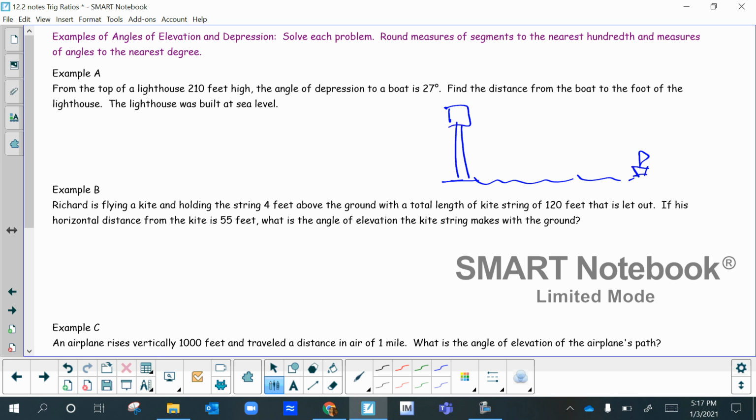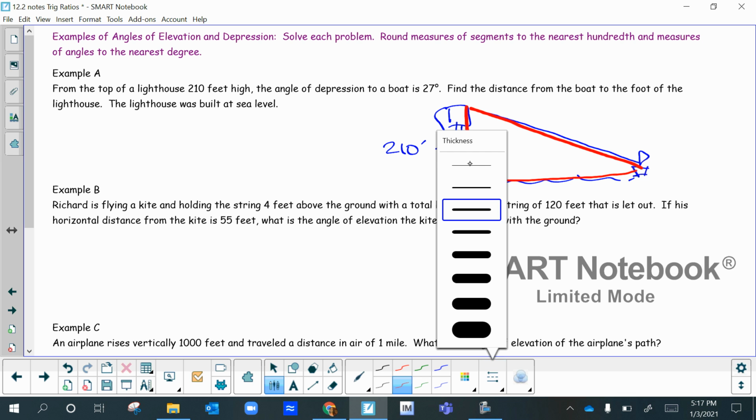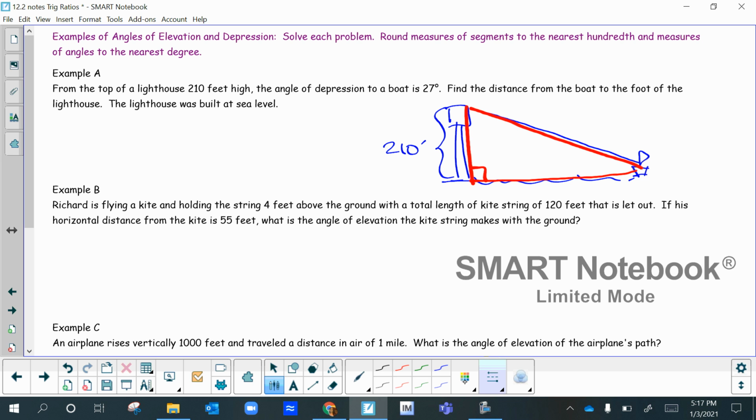Okay, by the way, this is 210 feet. Somebody's in the lighthouse looking down at the boat. And so you can kind of see, guys, the shape of this picture, which is a right triangle. So we just finished working with right triangles. Now it did say that the angle of depression, okay, remember, here's the horizontal. Remember, somebody's up here, and if they're looking down, this is your angle of depression.